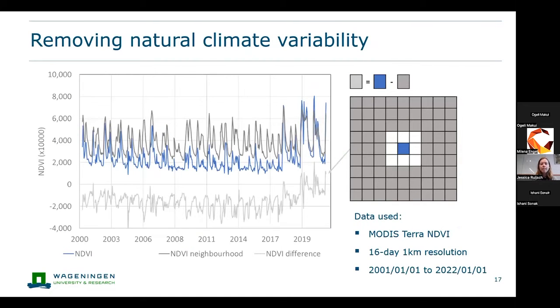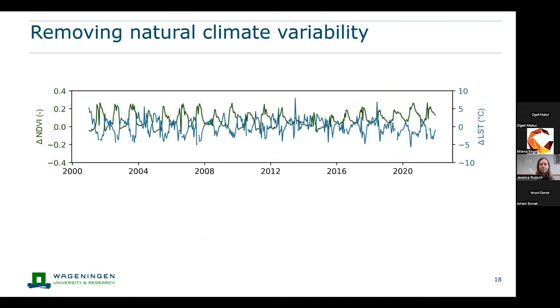And what we did is we also again applied the same methodology as earlier. But now we removed the climate variability for both the vegetation in green and the temperature in blue.